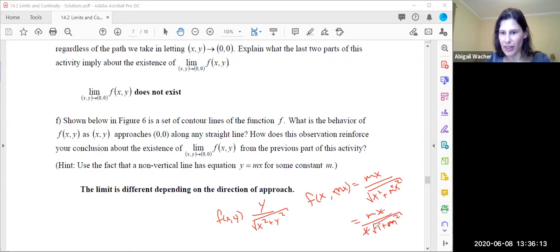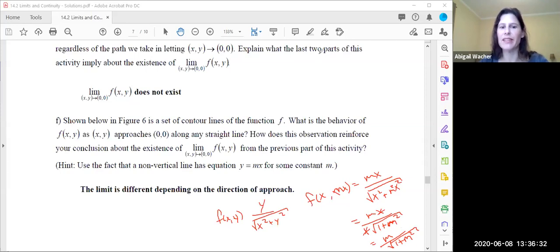You can cancel out the x's. Okay, and you see the idea. You get m over the square root of 1 plus m squared. And then basically, you've got a different value for every different m. So that's how you end up with that conclusion.